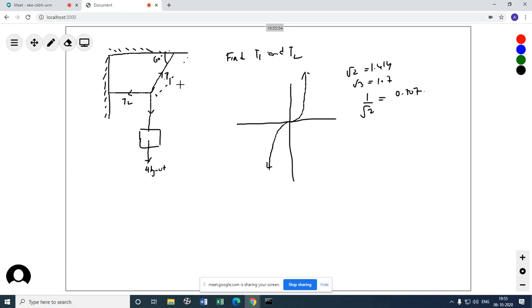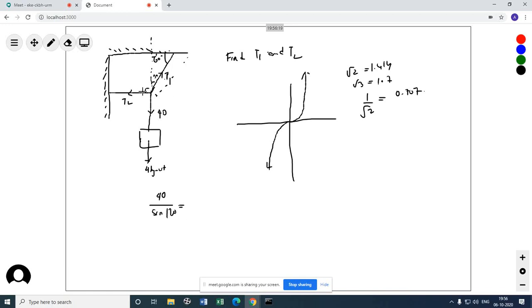This is 60. How much is this angle? Come on, this is 90. This is 30. So 90 plus 30 is how much? 120. This is 40. So 40 by sine of how much? 120.